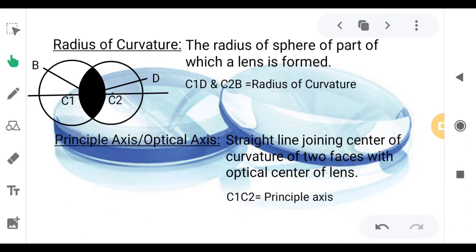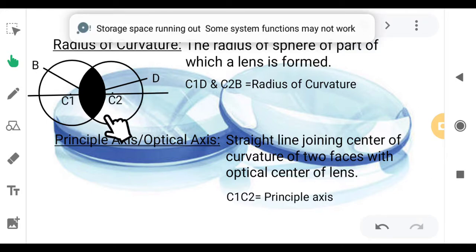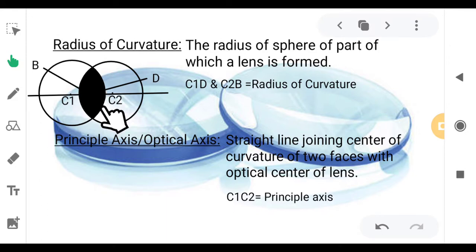Next one is radius of curvature. This is a lens and this lens is formed by these two circles' parts. So the radius of sphere of part of which a lens is formed, means this is a sphere and its center is C2 and this is a sphere and its center is C1.